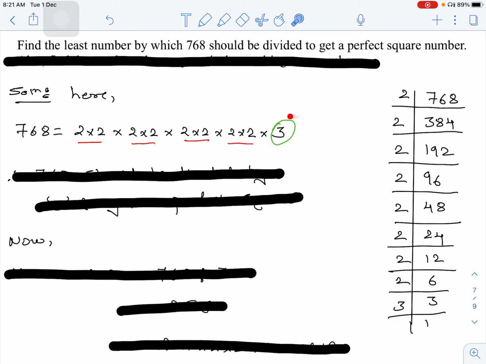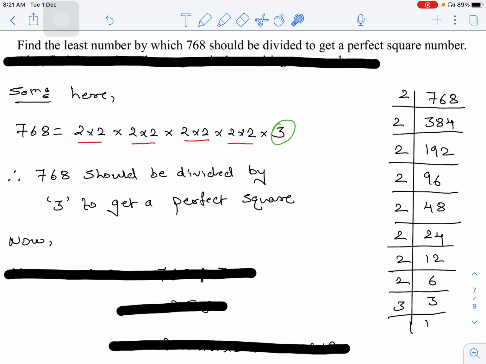If you remove this 3, then all the numbers have pairs. So if we divide this 768 by 3, we will get a perfect square number. Therefore 768 should be divided by 3 to get a perfect square.